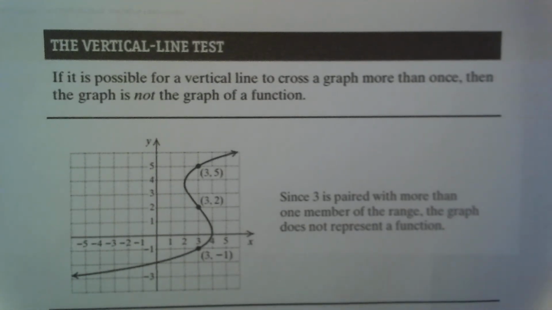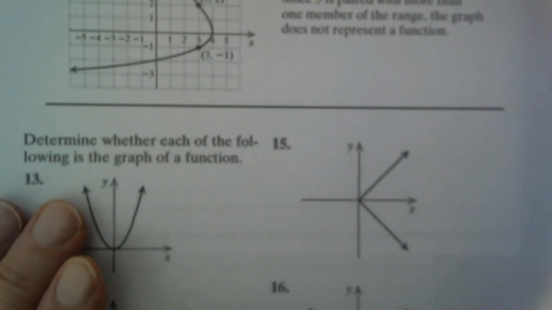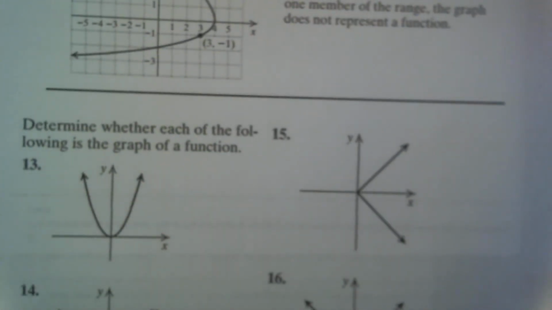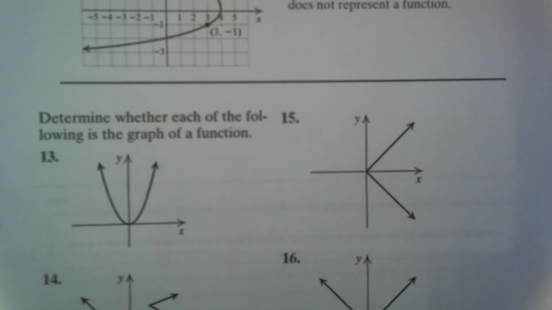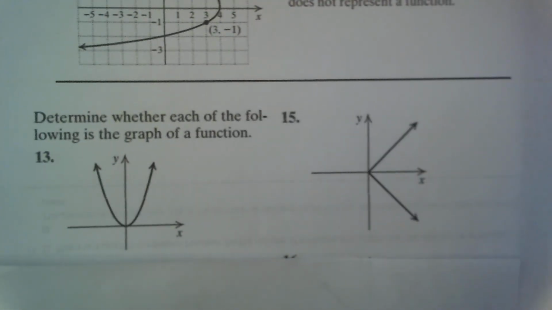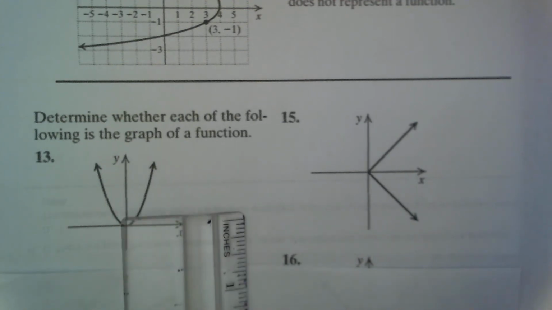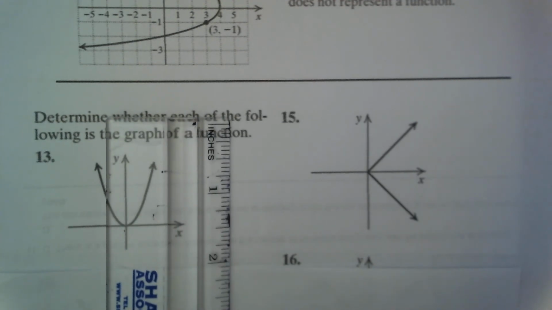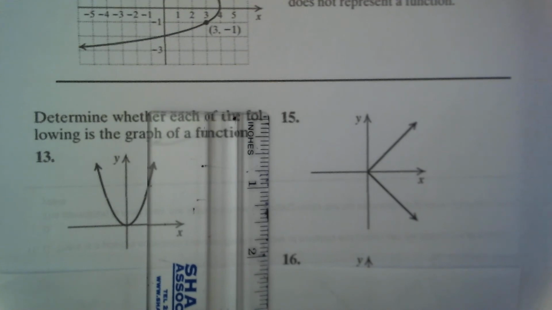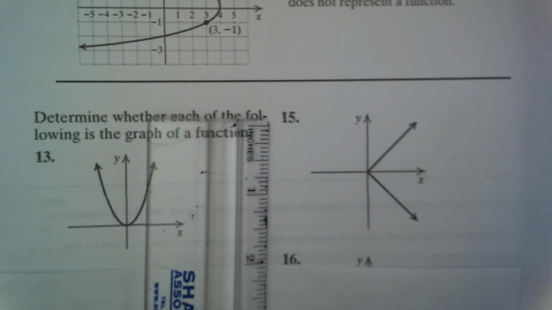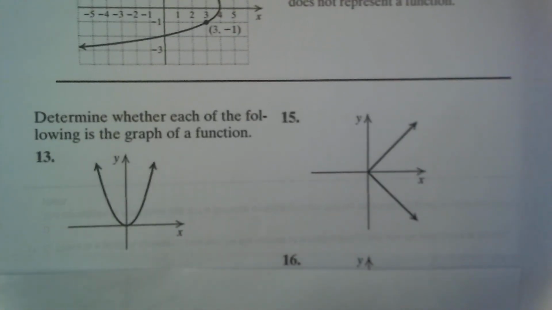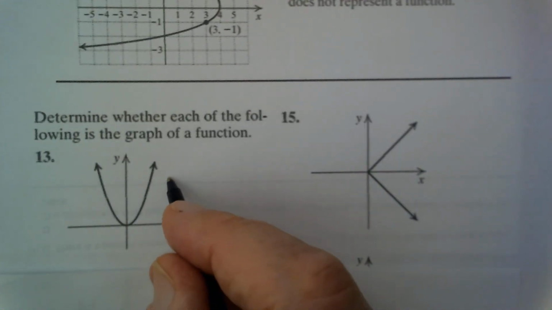Now, for the next few exercises, we're to determine whether the graph represents a function. So we look at number 13, and when we pass the vertical line through this graph here, it intersects the graph in only one point. So in other words, this is a graph of a function. Yes.